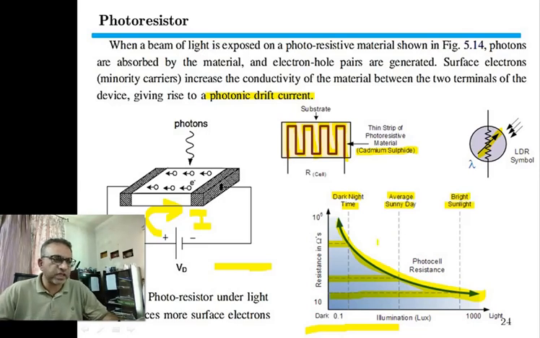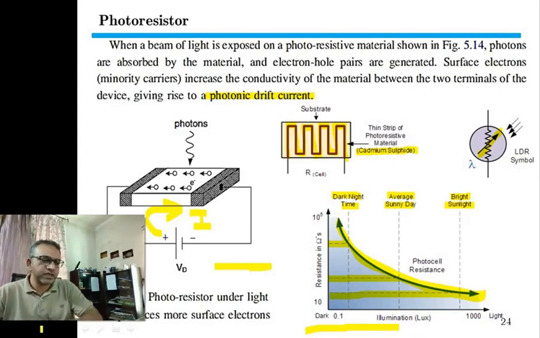So these are the characteristics of the photoresistor, where the resistance of the photoresistor is shown as a function of light measured in lux.